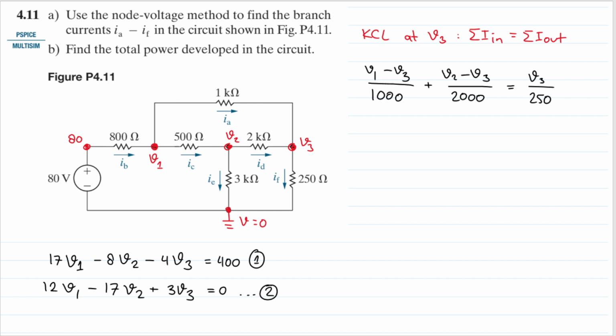Okay, I think for this one I can multiply both sides by 2000, right?